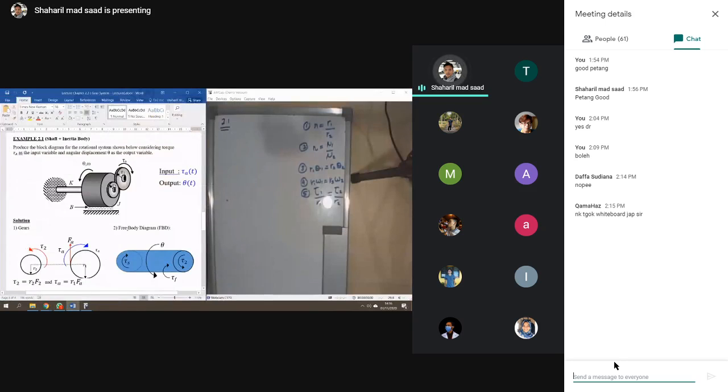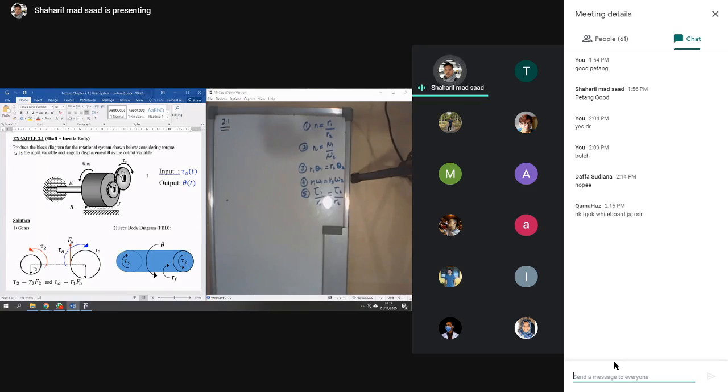Alright. Produce the block diagram. Okay, for the rotational system shown below, considering torque TA. Okay, TA, this one rotates clockwise if we look from the right, as the input variable and angular displacement theta as the output variable.